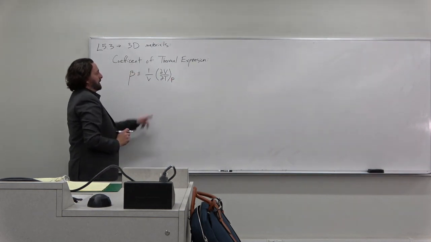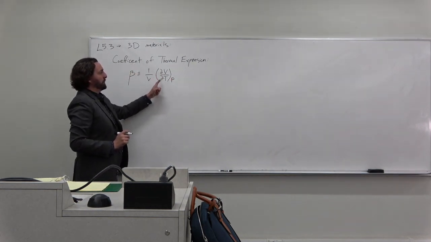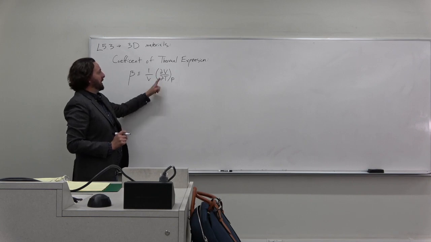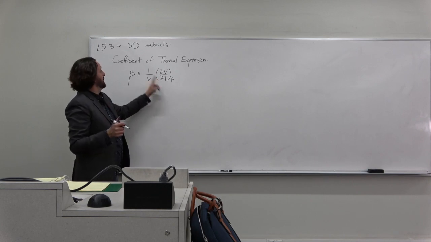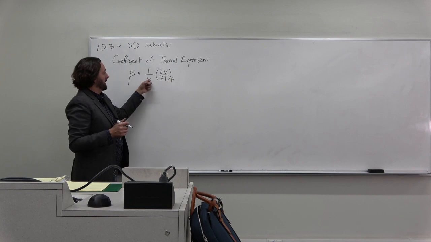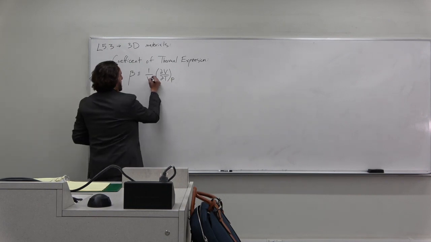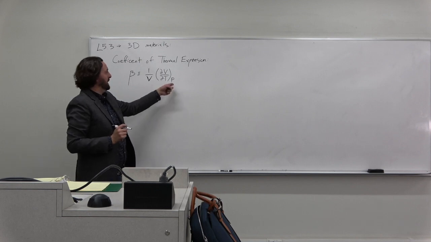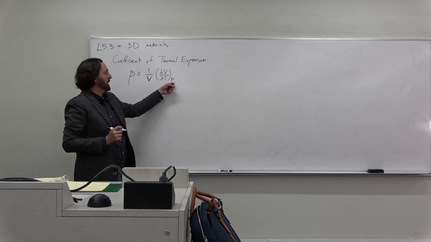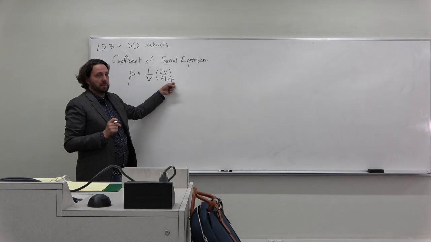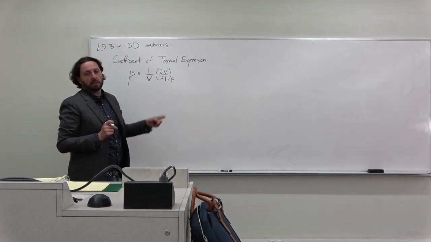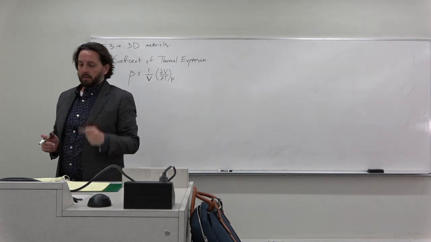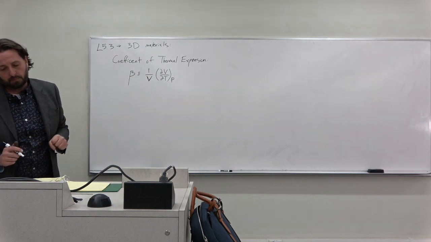So this is partial V partial T, how the volume changes with temperature, so the coefficient of thermal expansion. Normalized out the volume dependence, right? So that's why this 1 over V, and we need a constant pressure. For 1 dimension, we thought about constant force, but here the 3-dimensional analog of force is pressure.